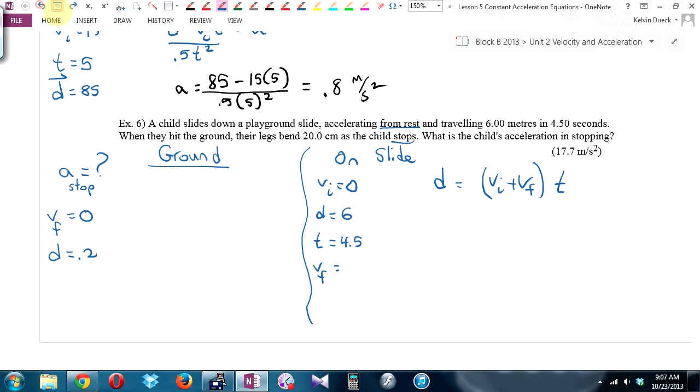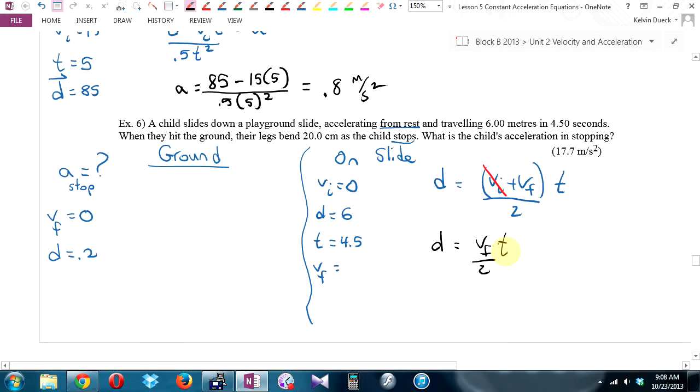I kind of like this version better because it's easier for me to figure out what's going on. And by the way, are any of these 0? Yeah? Which one? If anything's ever a 0, it's always worth modifying your equation, because I think what I really have now is D equals VF over 2 times T. In fact, I don't even think I need the brackets anymore because there's only just VF in the brackets.